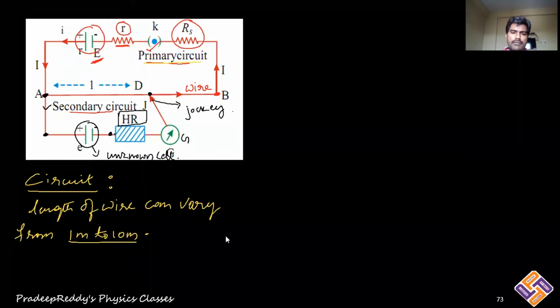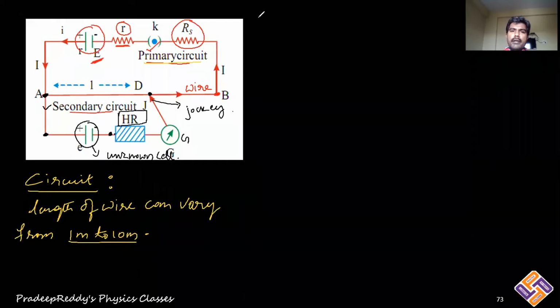Students, we have learned two conditions when we are dealing with potentiometer. So point number 1, wire should have uniform cross-sectional area. So take care that you are taking wire AB whose area of cross-section is uniform.